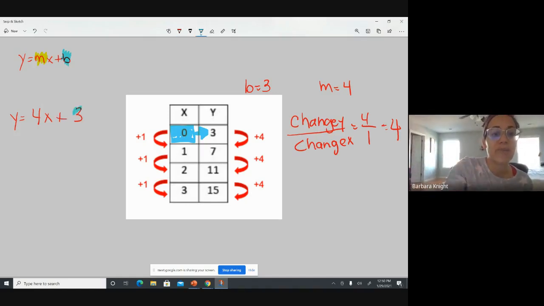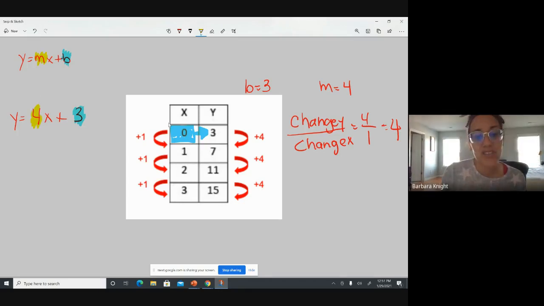And 3 is our b, and m is 4. That's it. This is in y equals mx plus b form. You just have to write the slope, which is m, and your y-intercept, which is 3. Those are the only two things in a linear equation that stay the same.